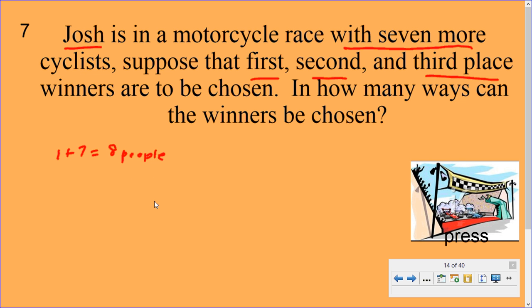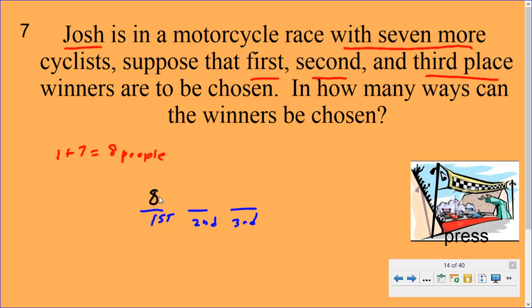And you have first place, second, and third. Well, obviously somebody's not going to win, so there only could be one winner. And how many different people could win? Well, Josh can win, or any of the other people could win, so there are a total of 8 different people who can win.